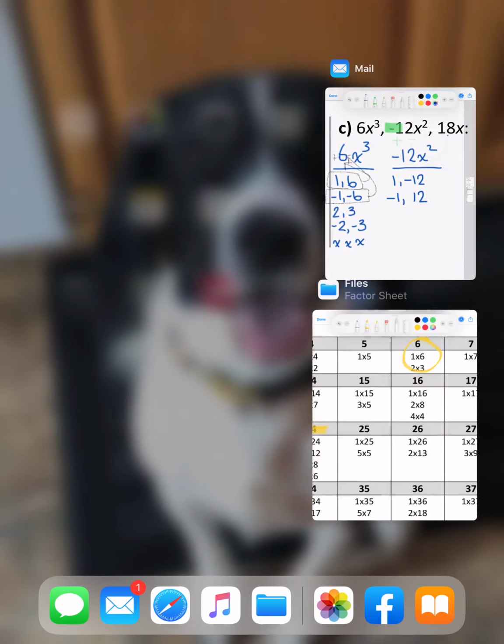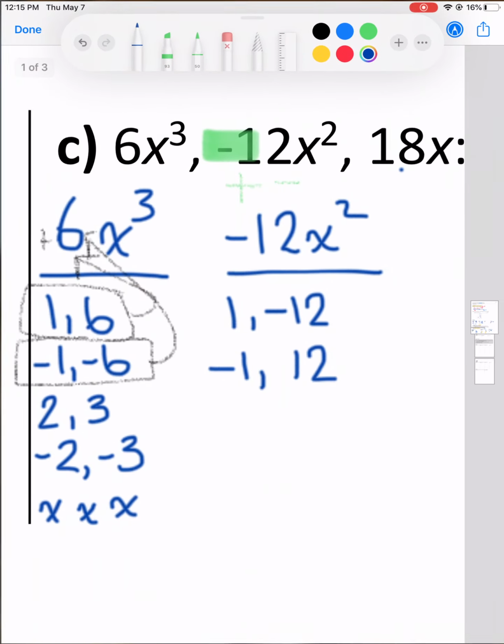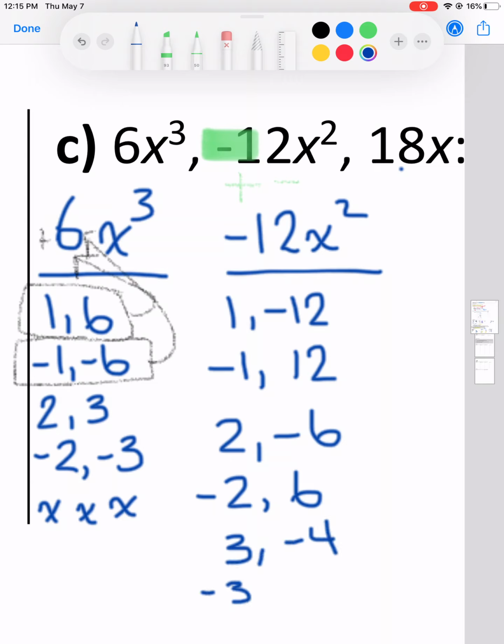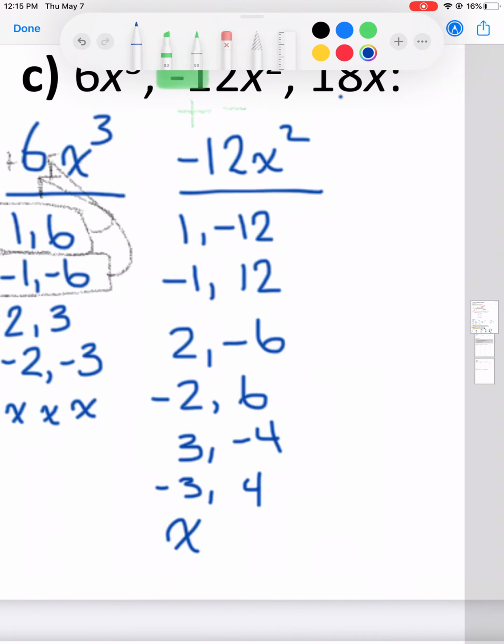And if you need, check the factor sheet. 2 and 6. I'll keep the pattern going. It could be 2, -6. It could be -2 and 6. I've done 1, I've done 2, now let's do 3, -4, or -3 and 4. Again, all of these multiply to -12. And then we have x squared, so don't forget x and x.